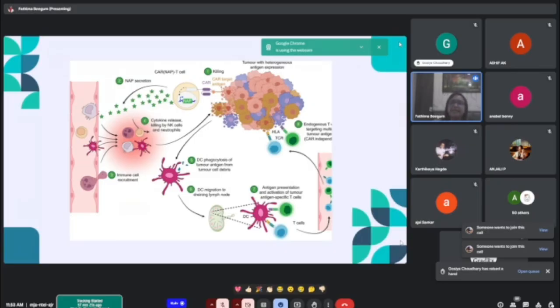Then dendritic cell migration will be there. The peculiarity of the solid tumor is that heterogeneous antigen expression is there. When CAR T is given along with a cytokine domain, it will cause the complete destruction of those particular tumor cells.